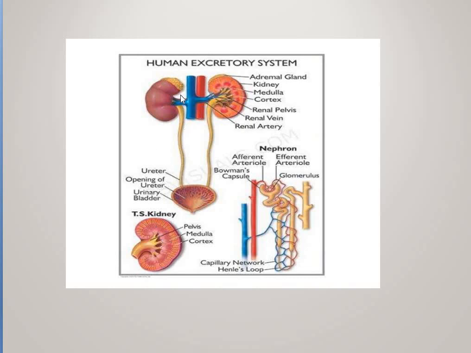The ureter, this white tube which has entered inside, you can see how it ramifies and branches. Here it is labeled as pelvis. Within the kidney, the ureter is expanded to form the renal pelvis.